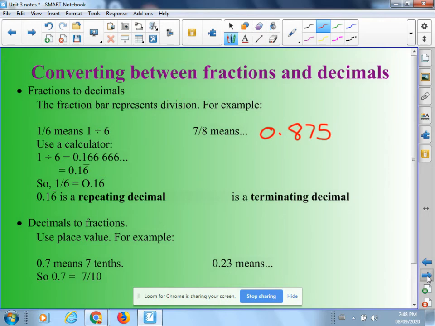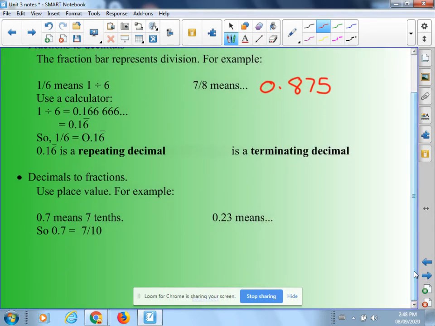The opposite, the one that takes a little bit more work, is converting decimals to fractions. In order to convert decimals to fractions, we need to look at place values. So 0.7 is actually 7/10. So the number right after the decimal is called a tenth, which means to make it a fraction, we put it out of 10. So 0.7 becomes 7 out of 10.